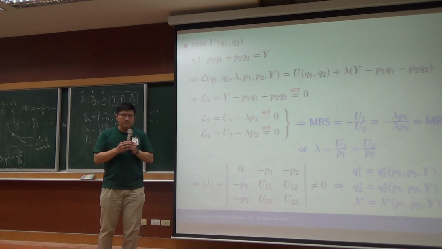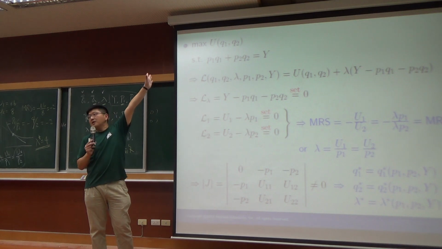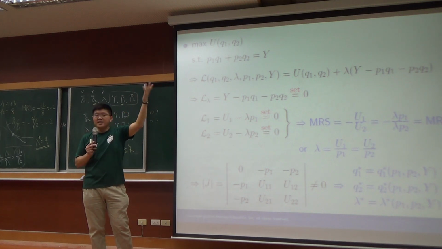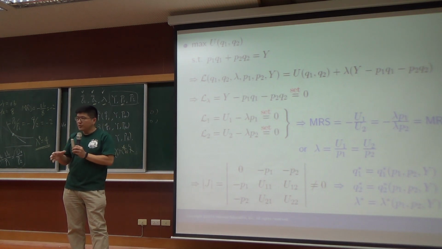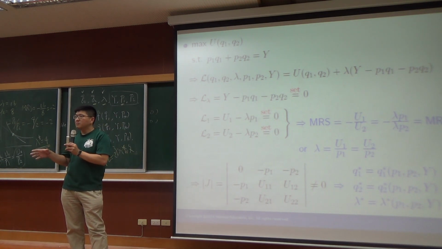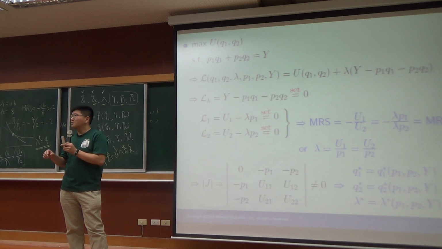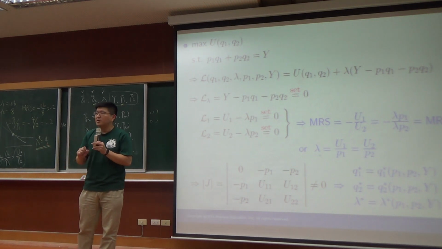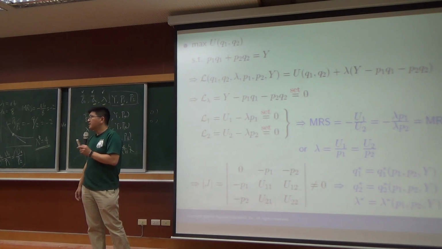So the story is like this. We have an objective function. We want to maximize our utility. How can we do that? We choose the quantities of x1 and x2 we are going to consume so that we can maximize our utility subject to the budget constraint.